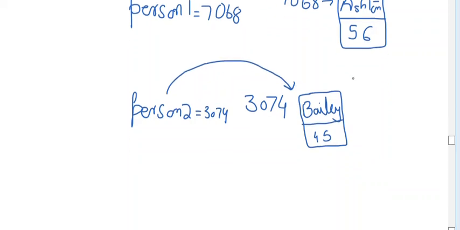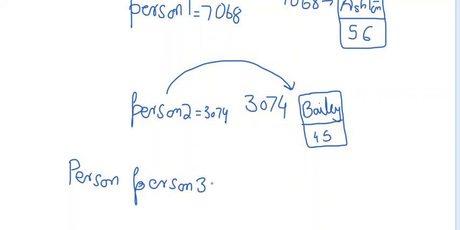Now what we did was say that person3 is a new reference. So we say Person, which is the template because that's the class name, then we use person3, and we say that person3 is equal to person1.